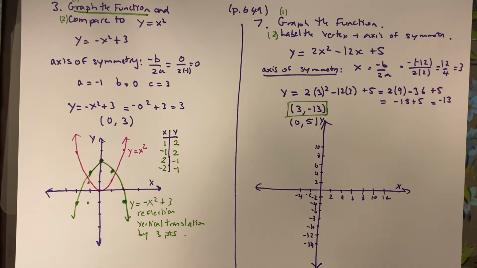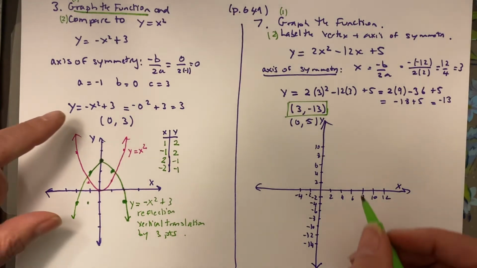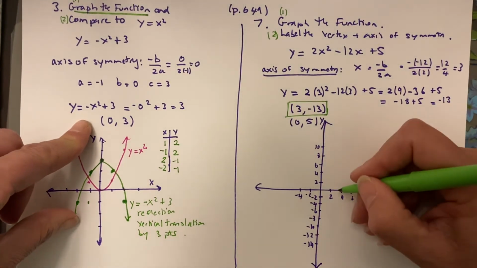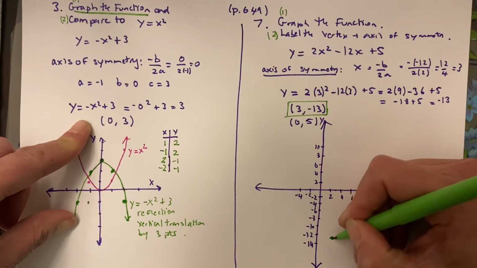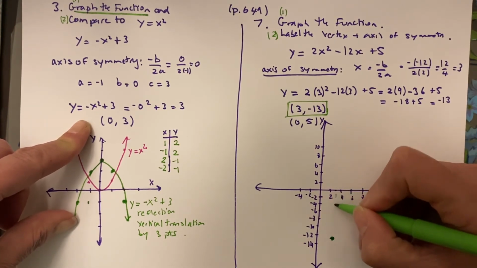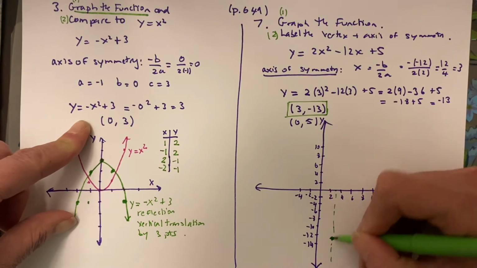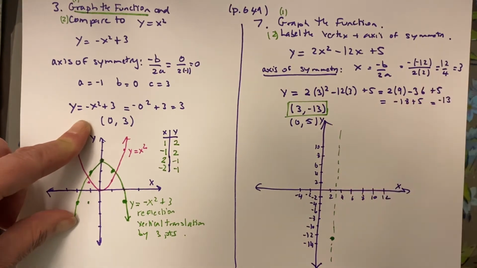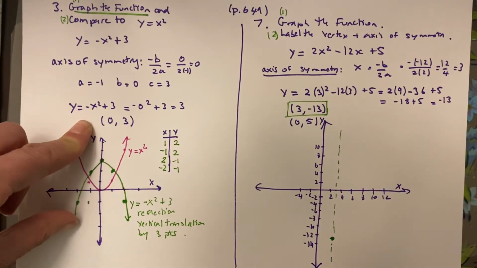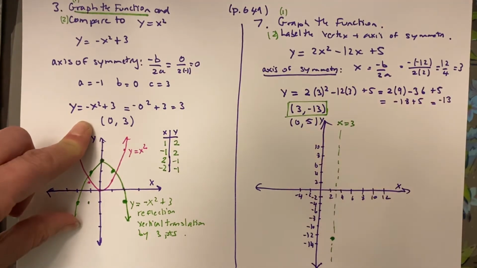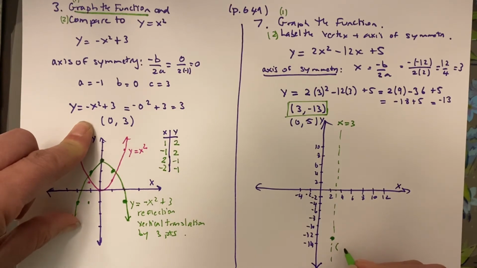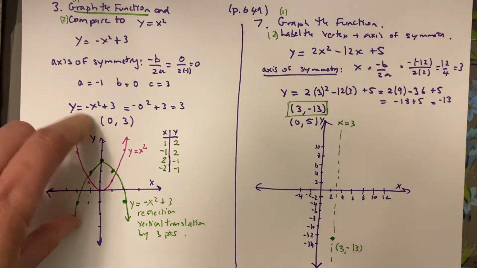Okay, so let me already start plotting the points that I have. 3, -13, here's 3, -13, gonna be down here. So that's my vertex and my axis of symmetry. Now you were asked to label both of those. So when I see your graph on this quiz, I should see something up here that says x equals 3, and I should see the vertex written out and labeled 3, -13.